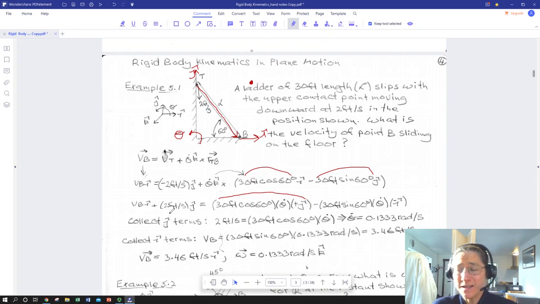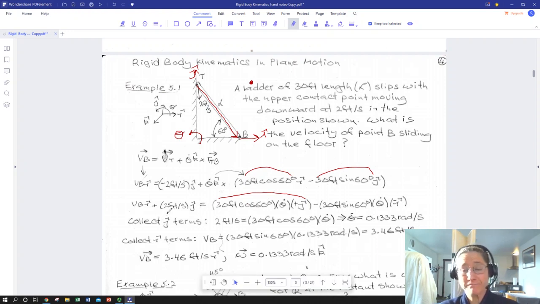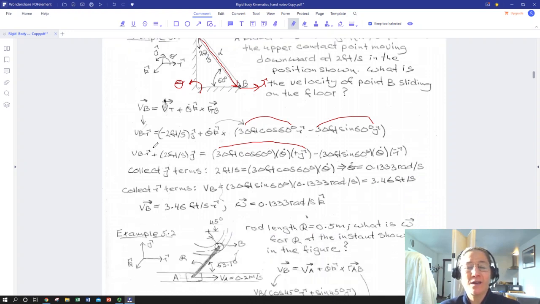Now, just like I did in particle kinetics, I'm going to collect terms and solve for all my unknowns. What do I have? I have one unknown, the magnitude of v sub b, the thing I needed to know, and I have the angular velocity of the ladder, another unknown. So how many equations do I have? I have one equation in each orthogonal direction.